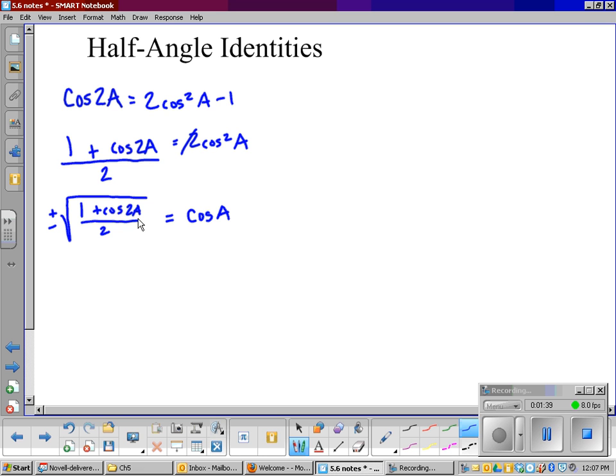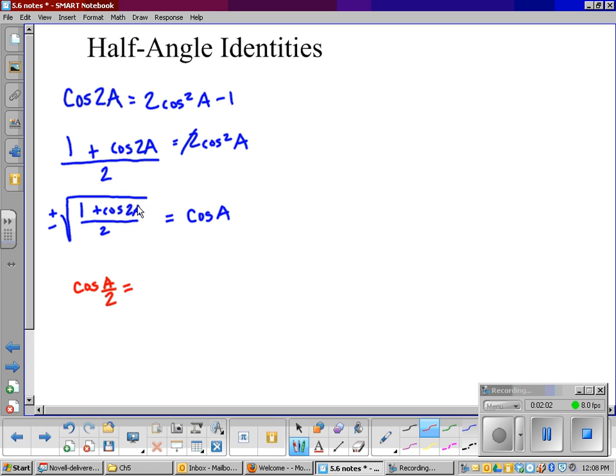Now usually you don't see it written in terms of A and 2A. To make it look more like a half angle identity, we want to rewrite the A as A over 2. So I'm switching sides here, and I'm going to write cosine A over 2. Now the relationship between this angle and this angle has to be the same.